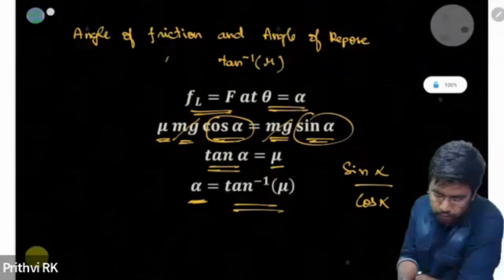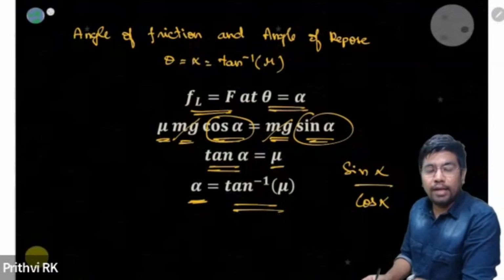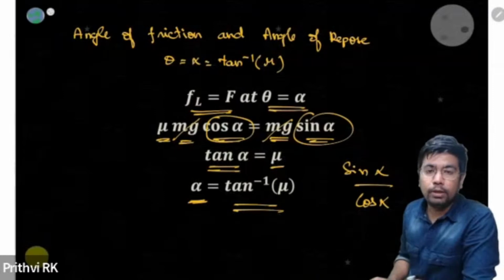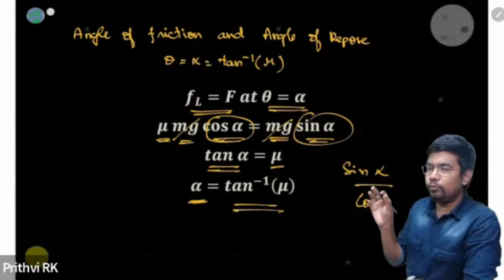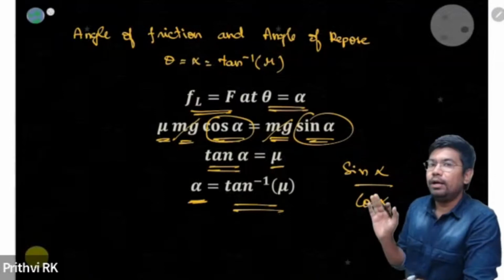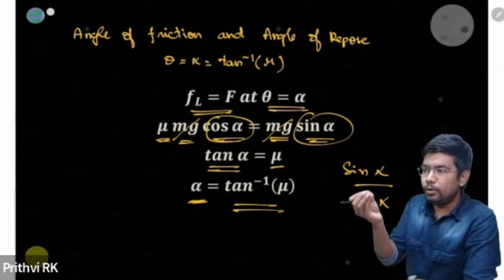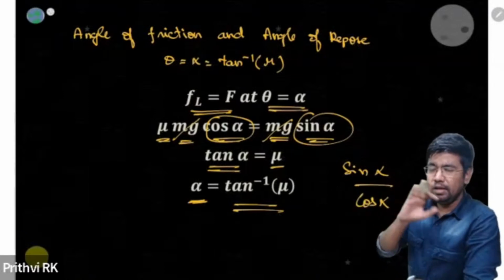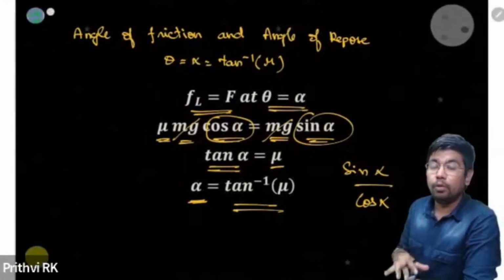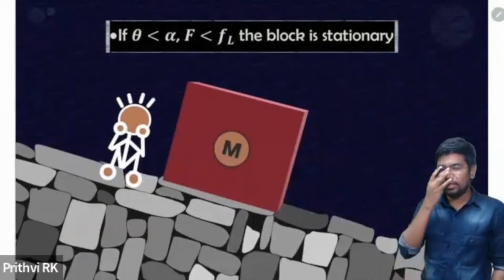We either put it as theta or alpha, but both angle of friction and angle of repose are equal to tan inverse of mu only. So when you're solving a problem, you don't need to worry whether they are asking for angle of repose or angle of friction. For both, it is the same formula. So it will be very easy to solve as a mathematical problem. Now I will tell you some important conditions, and I want you to note down these conditions.